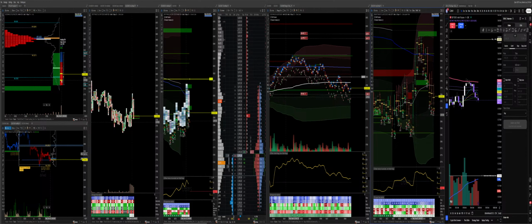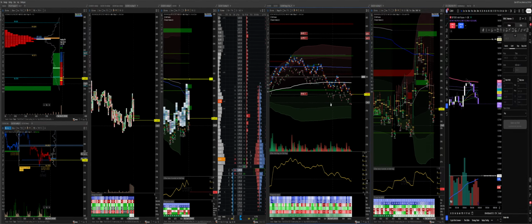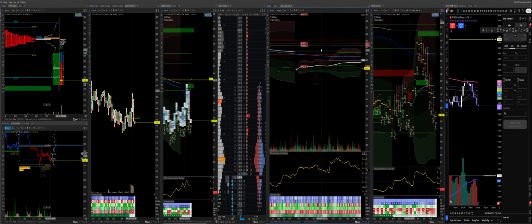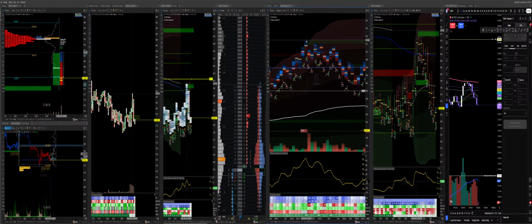As you can see, we opened right here, so we're not far away from open. We're about $2 out. And technically hit the overnight session VWAP.